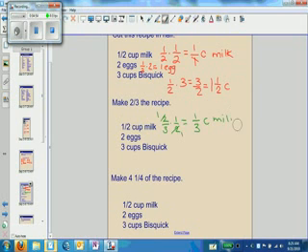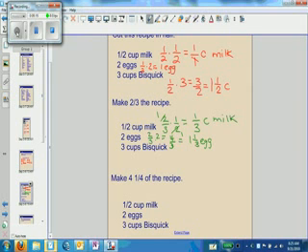And then 2 eggs. Well, this is going to be interesting, right, with the eggs? So 2/3 of 2 eggs equals 4/3, which is 1 1/3 of an egg.